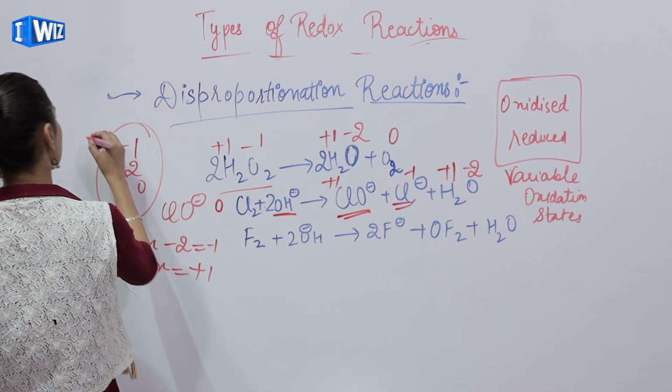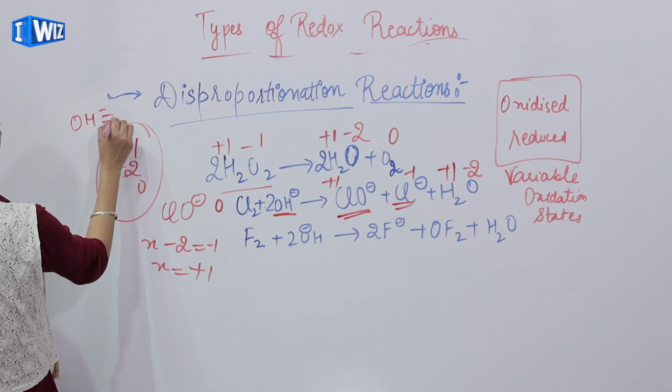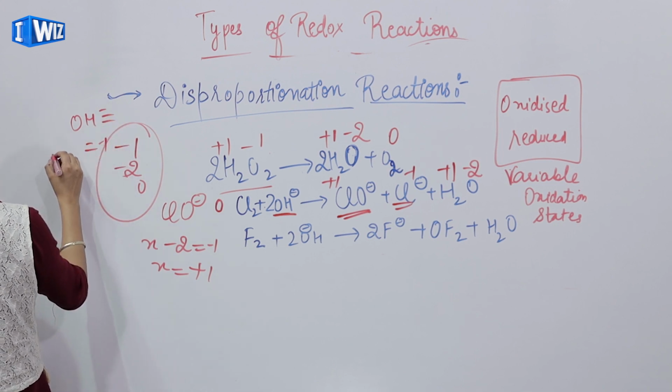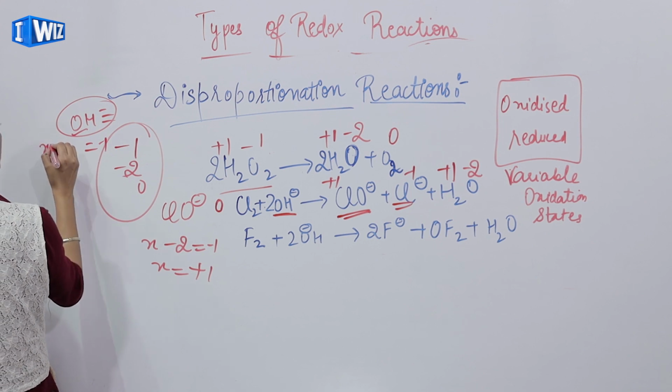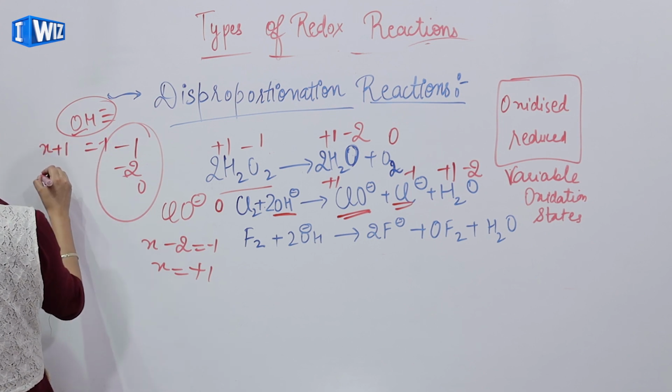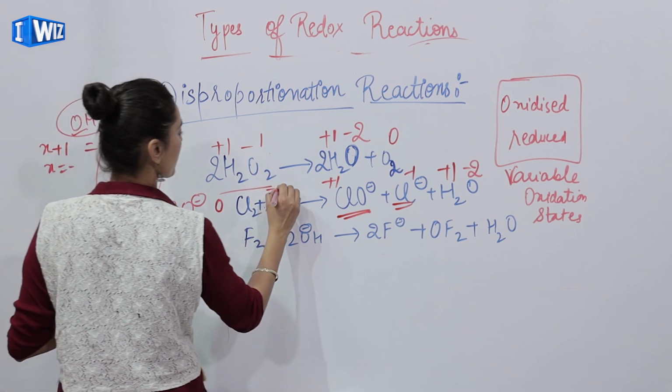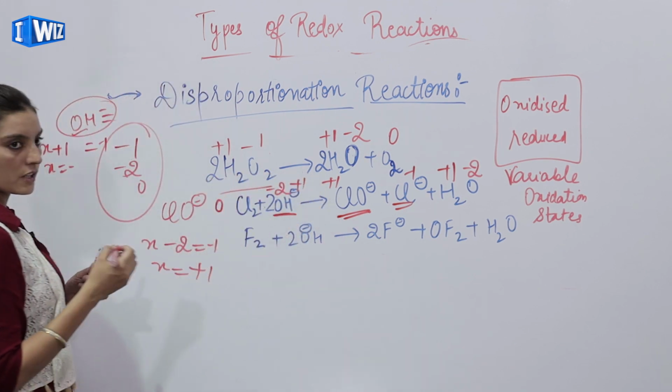In the OH negative ion, the total is equivalent to -1. Let's talk about oxygen only, with oxygen as X and hydrogen +1, then X -2. So oxygen is present in the -2, and hydrogen is in the +1 form.